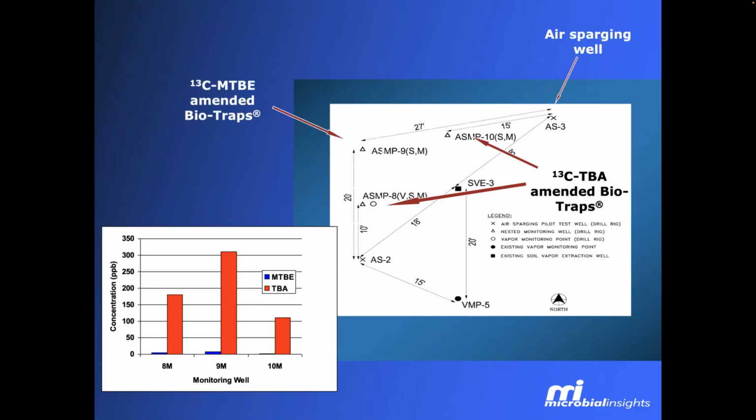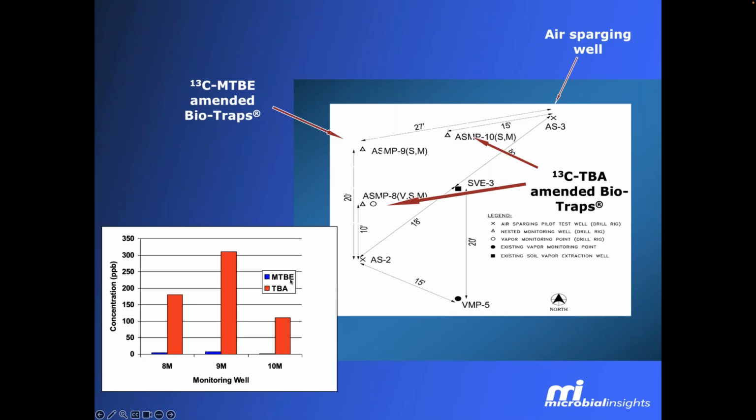So let me show you a quick case study. Here we've got an MTBE TBA impacted aquifer. We've got an air sparging well that you can see with my arrow here. We've got two wells here that are amended with C13 TBA amended biotraps, and then another well up here amended by C13 MTBE amended biotraps.